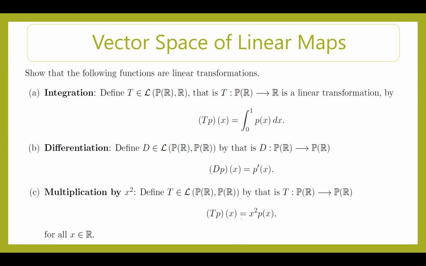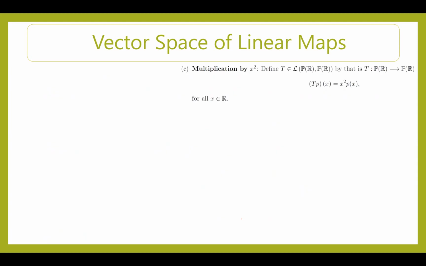All right, I think you can take this as an exercise to show that this is a linear transformation, but I'm going to walk through the first and the last one. All right, so let's show that this guy is a linear transformation. So proof.